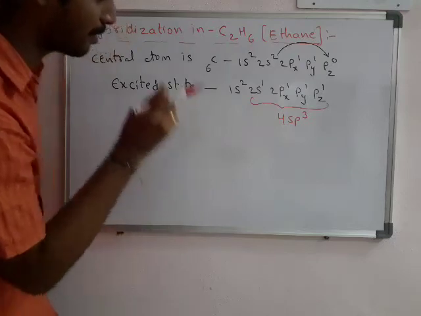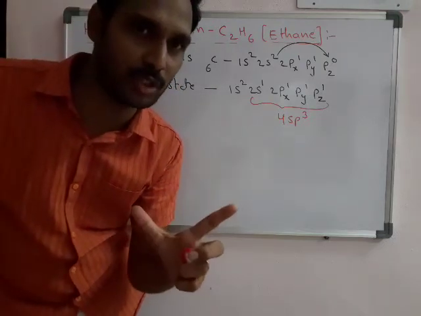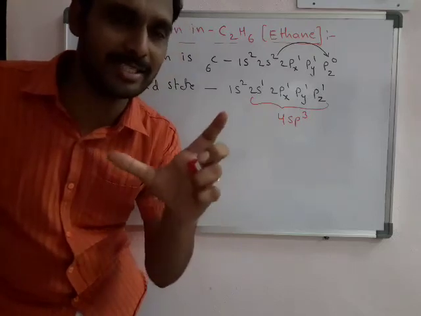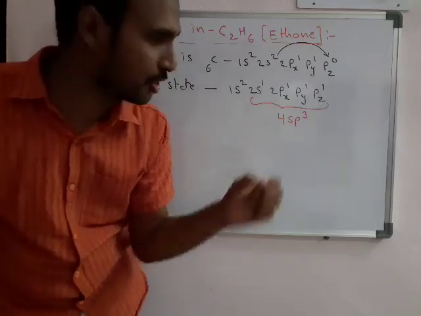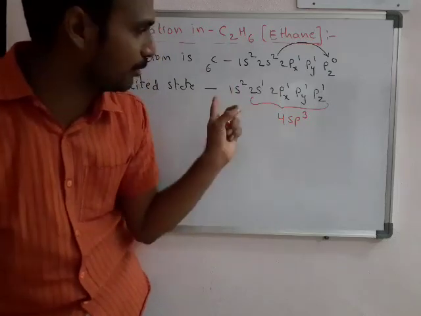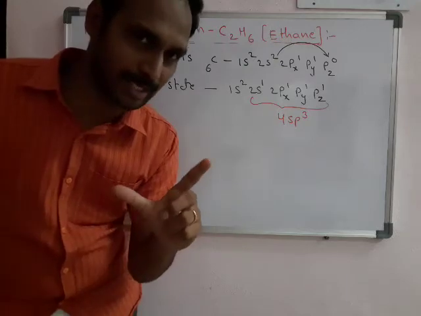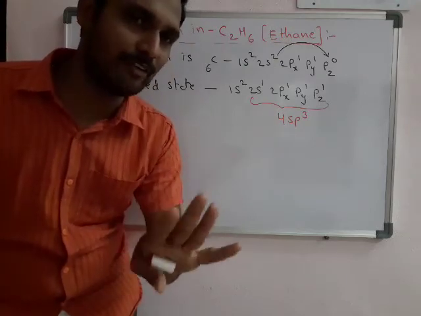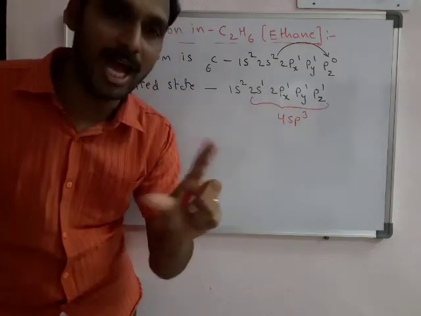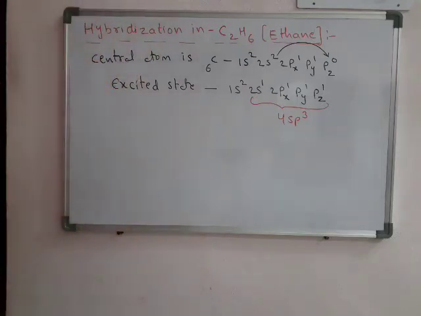You just remember, we wrote only for one carbon. The second carbon also has the same position. No need to write again about that. The second carbon also undergoes sp3 hybridization, in which all orbitals have unpaired electrons. Now we see what is the position of hydrogens.